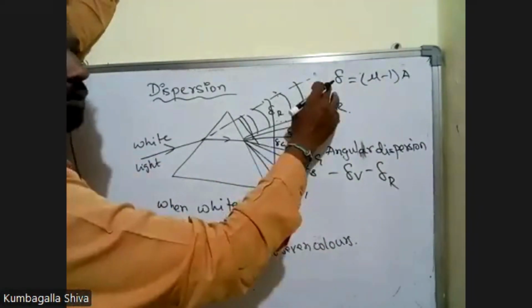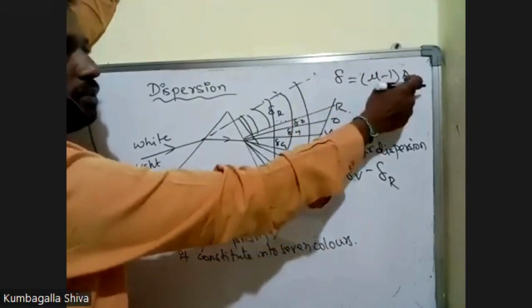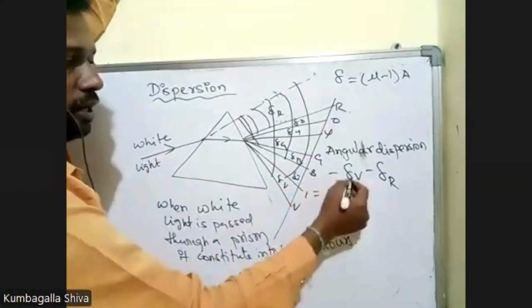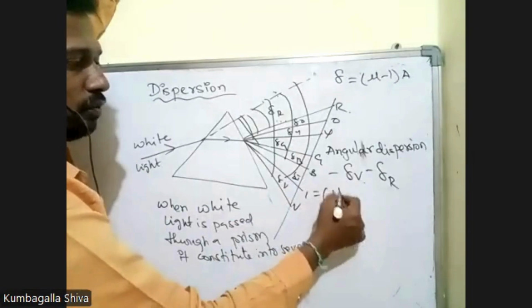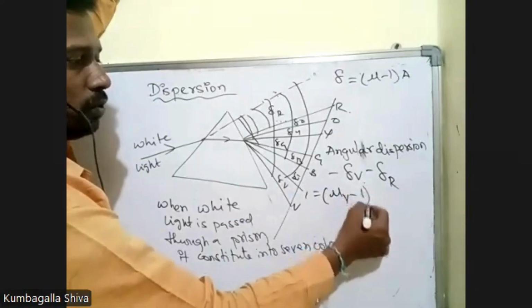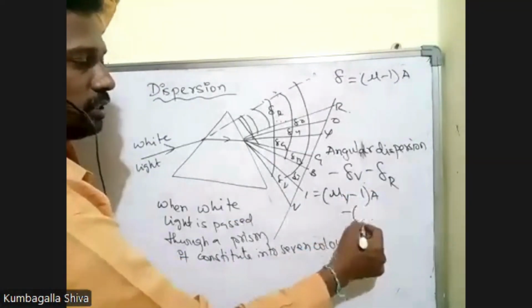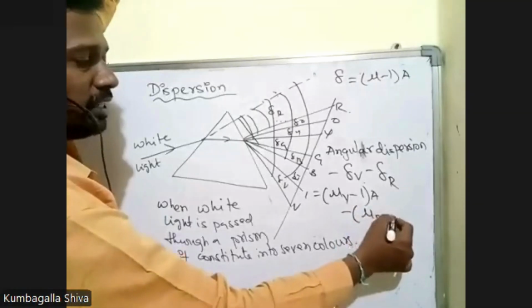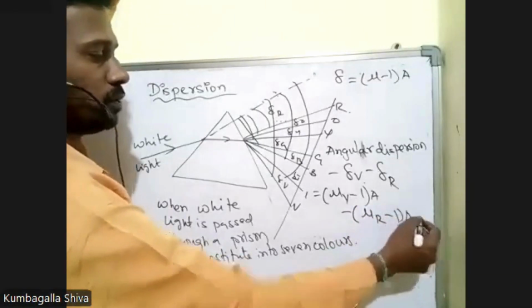Delta deviation is equal to a small angle, mu minus 1 into A. So for delta V, can I write this is mu V minus 1 into A minus mu R minus 1 into A. So what you get here?